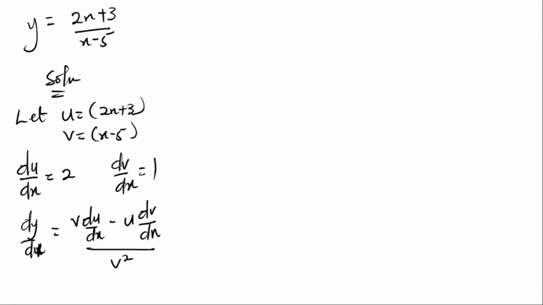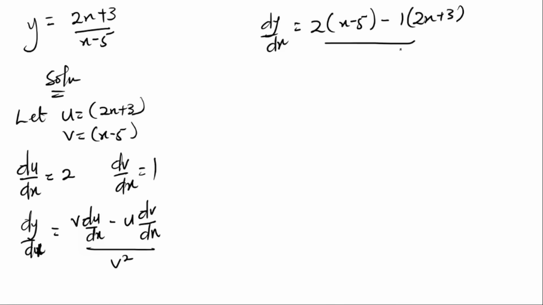So dy/dx is equal to du/dx, which is 2, multiplied by v, which is x minus 5, then minus dv/dx, which is 1, times u, which is 2x plus 3, all over v, which is x minus 5, squared.